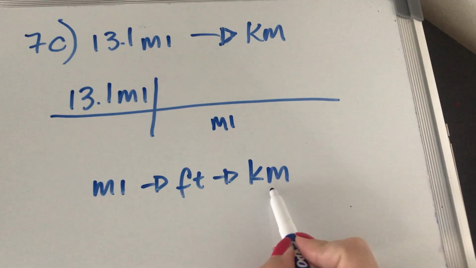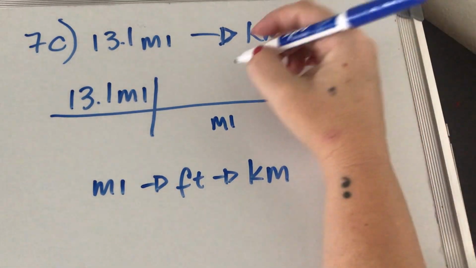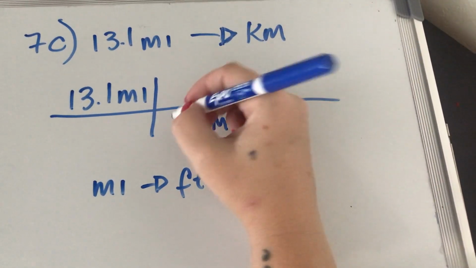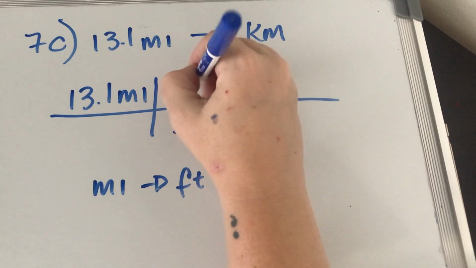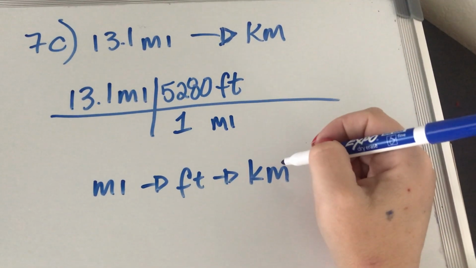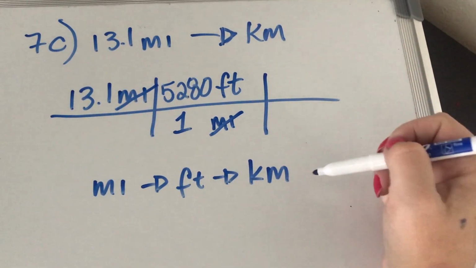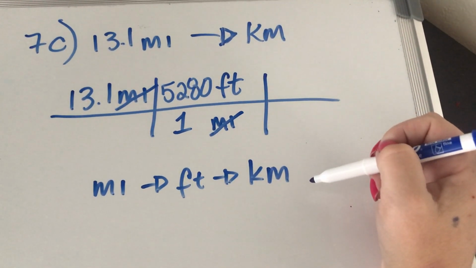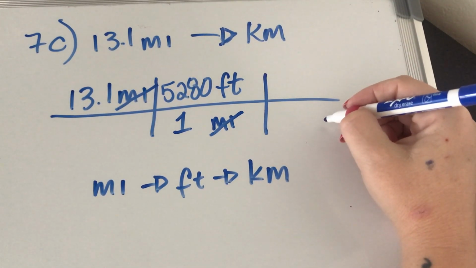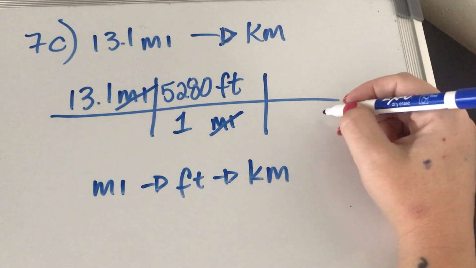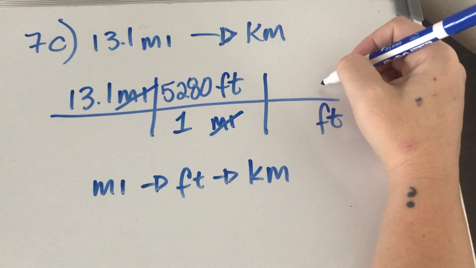We're not making a straight jump, right? Feet would go on top. So for every 1 mile, there's 5,280 feet. Miles cancels with miles. And then over here, what unit do I want on the bottom? Feet. And on top? Kilometers.